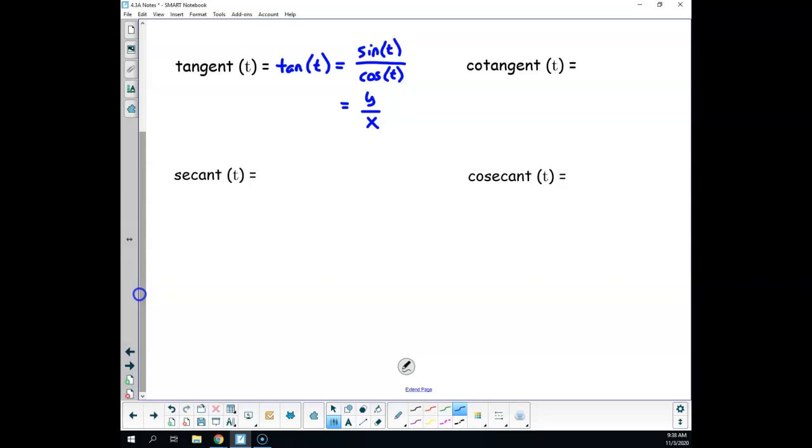And these are the inverse trig functions, I should say reciprocal trig functions, which is a better term.